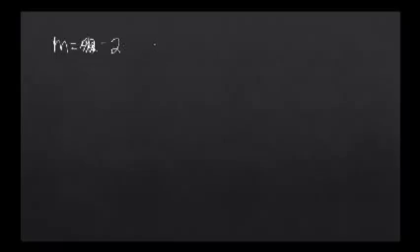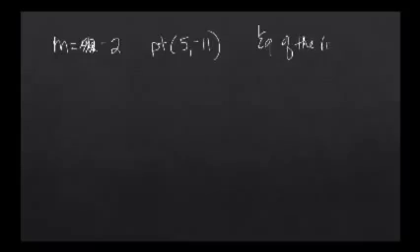And the line passes through the point (5, -1). So the question is to find the equation of the line, and we want to write the answer in slope-intercept form. So we want our final answer to be in the form y equals mx plus b.